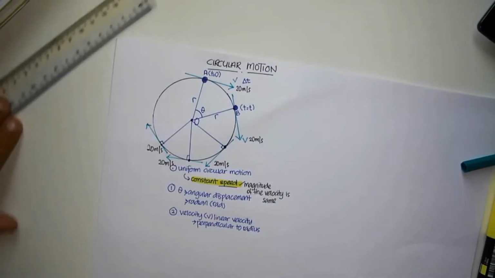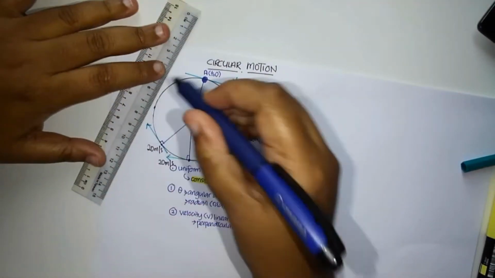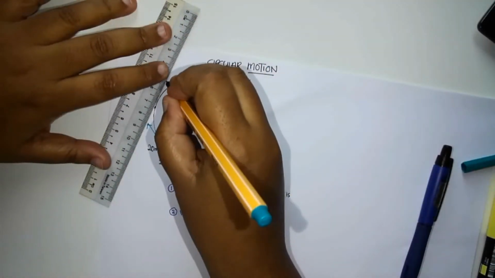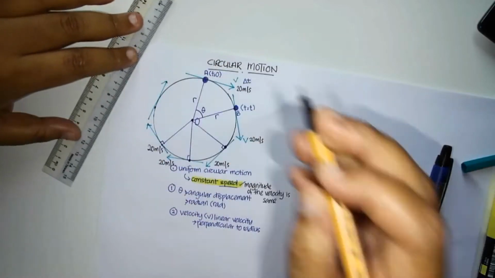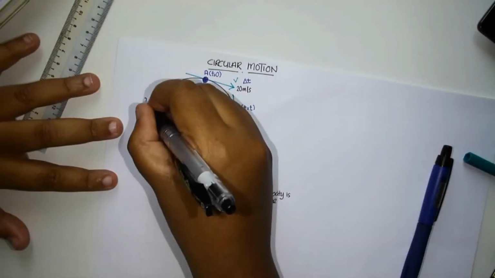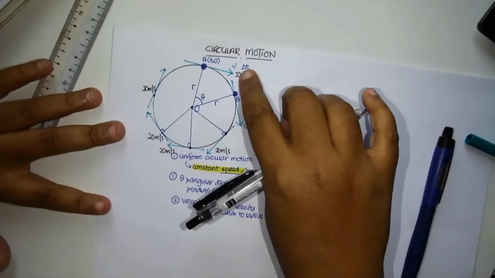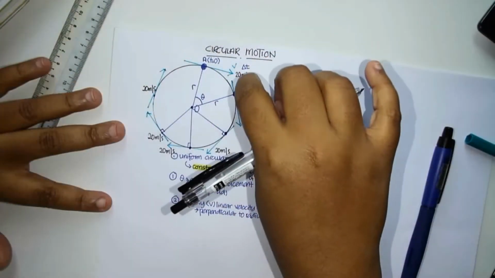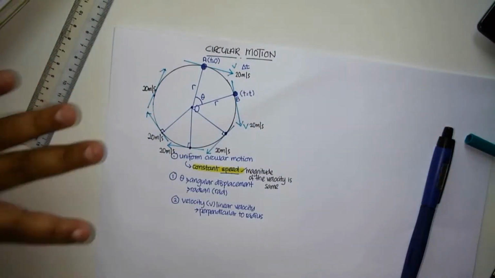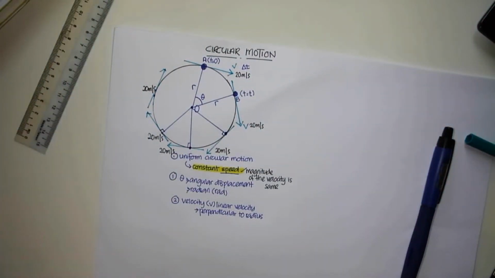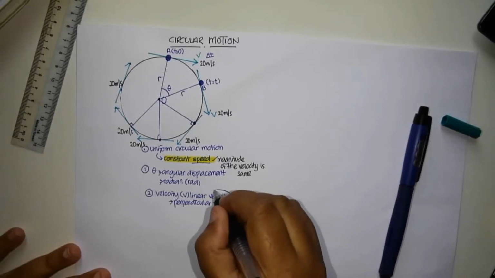So it's 20 meters per second. That means it's a circular motion at a constant speed, because the magnitude is the same, the speed is the same. But what is different is the velocity. Why? Because velocity is a vector.